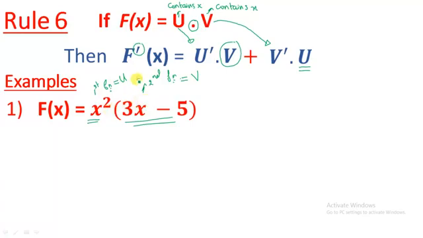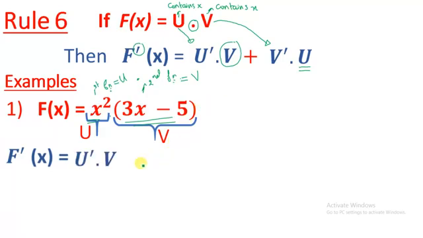So we have u times v. Let's see. This is u, which is x squared, and this is v, which is 3x minus 5. Then f prime of x, we will write the rule: u prime v plus v prime u.